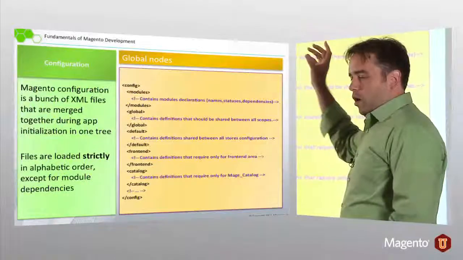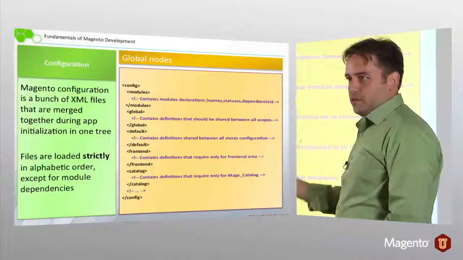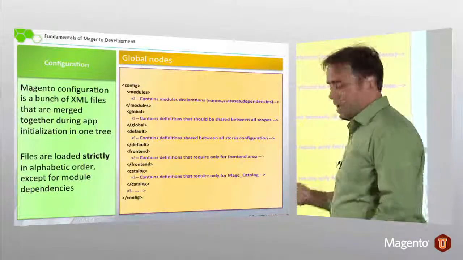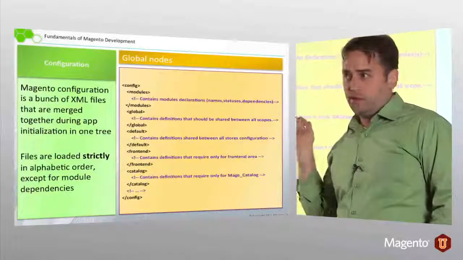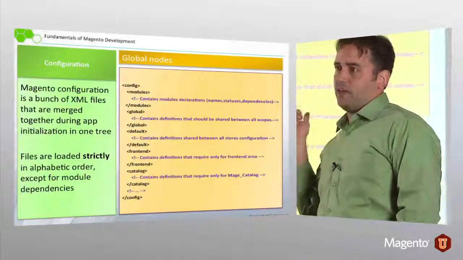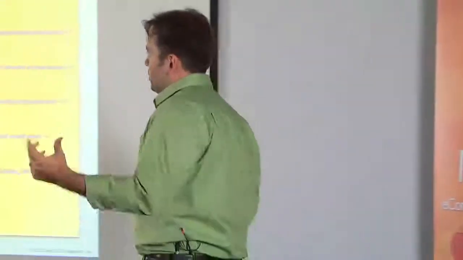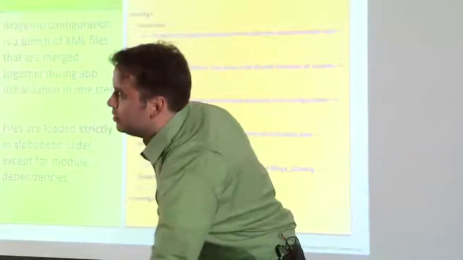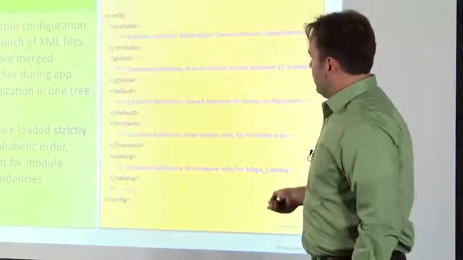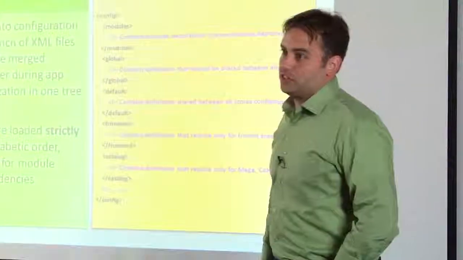So all of those XML files in app etc modules, and then based on what we found here, if for enterprise banner the active flag was set to true, the system is going to go and look for the etc folder inside each module's directory, and then inside there, look for config.xml. Again, config.xml will also have a root node of config, and then basically anything else it wants to have inside.